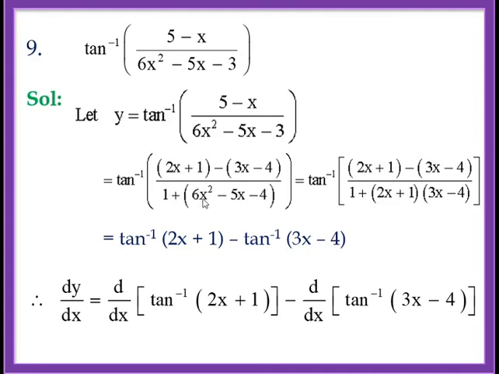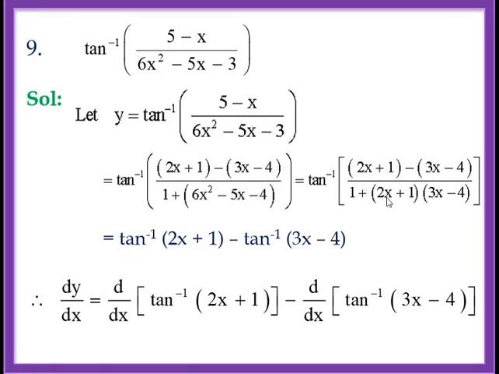So inside the bracket it will be 6x square minus 5x. It won't be minus 3. I have written plus 1. So it will be minus 4. See, we cannot write altogether different thing. We can write the same thing in different form. It is allowed.